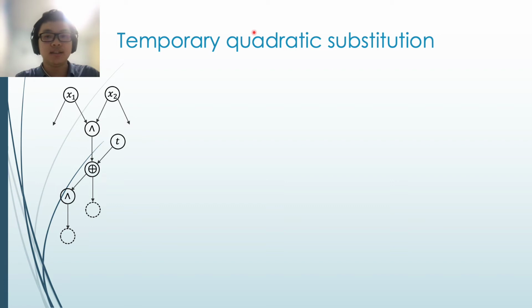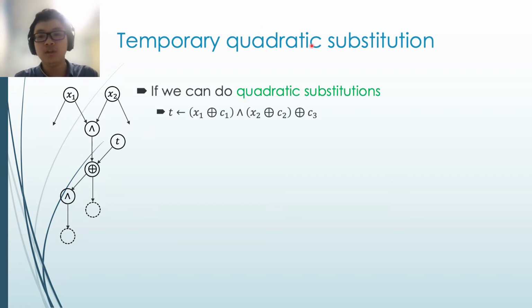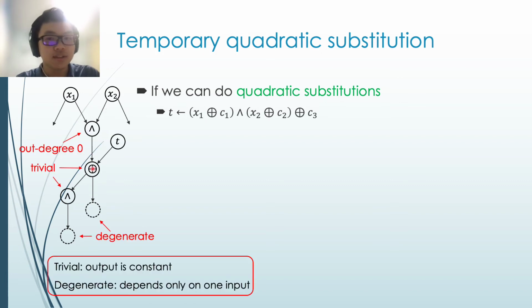We can see that if we can additionally do quadratic substitutions of this form, it can be resolved. We can, for example, let t equal x1 XOR some constant c1, and x2 XOR some constant c2, XOR c3, and we can carefully choose c1, c2, and c3 such that this XOR gate is constant, and the constant can be set properly to make the following AND-type gates constant.